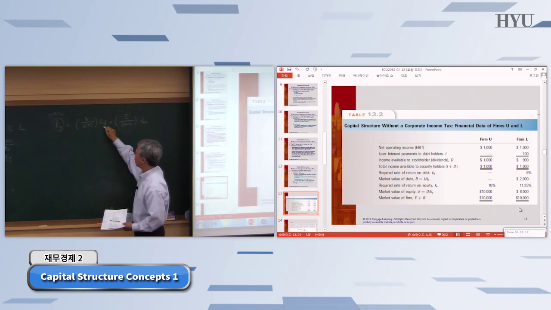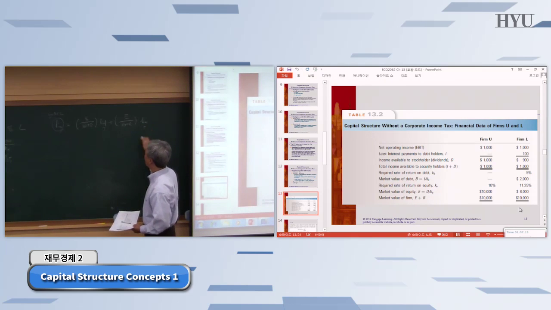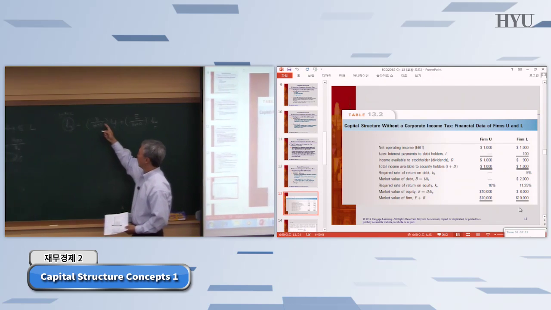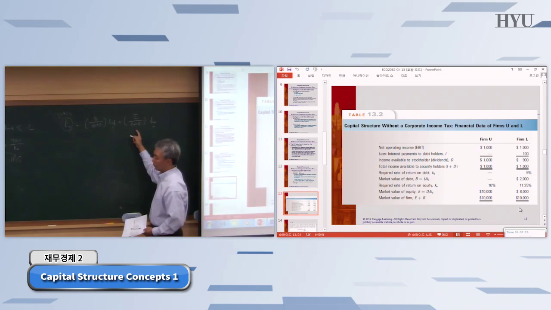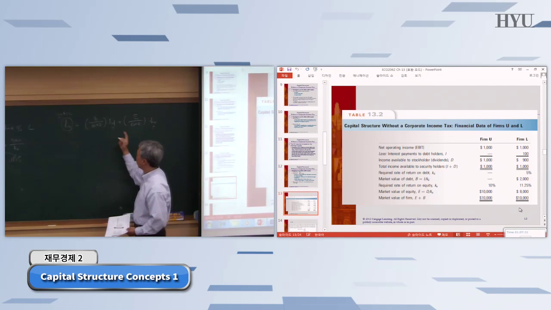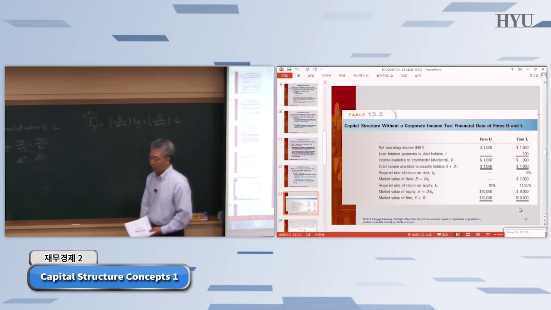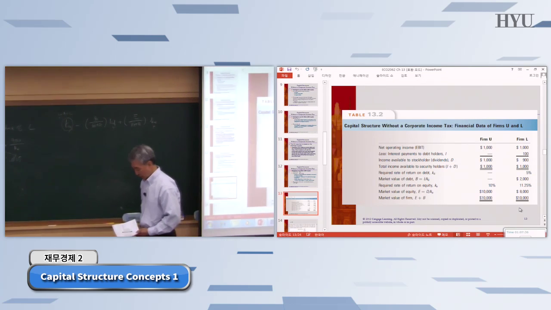If you have cost of debt and cost of equity, you can simply multiply by the proportion of debt over the entire capital. This is the proportion of equity, right? So this is the weighted average cost of capital.